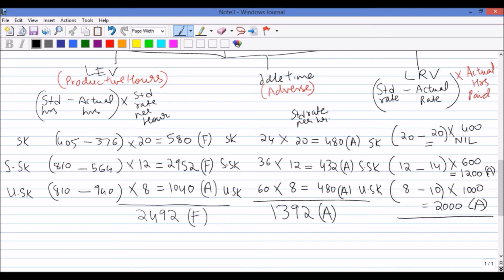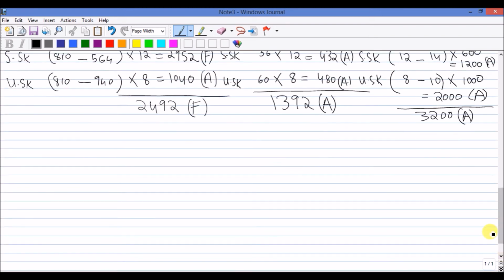So how much is it? 3200 adverse. Now I hope we shall tally it. Now I'm going to reconcile it. So 2492 favorable, 1392 adverse, and 3200 adverse.